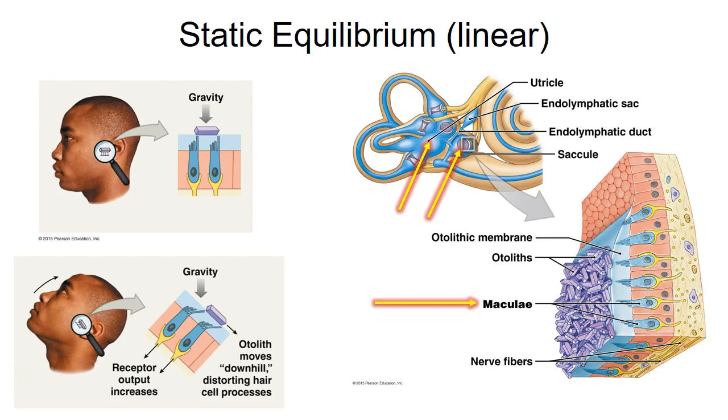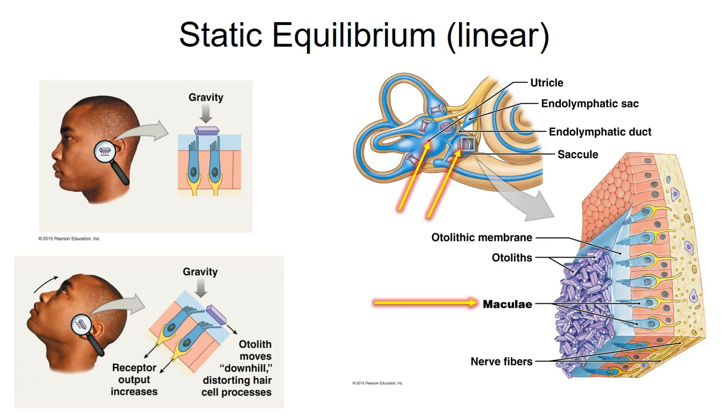So let's first talk about static equilibrium or linear. So I don't know why your book always puts these types of images with someone nodding their head, because when you nod your head, you're actually using static and also angular, so semicircular canals are also being activated.